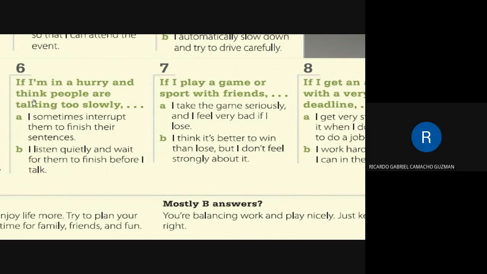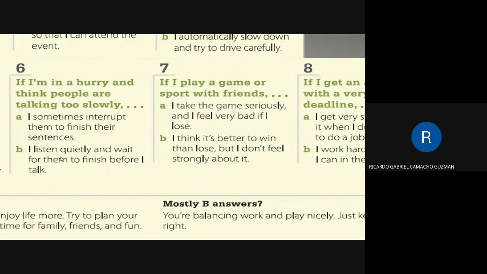All right, number 6. If I'm in a hurry and think people are talking too slowly, I sometimes interrupt them to finish their sentences, or I listen quietly and wait for them to finish before I talk. I am letter B. I never finish their sentences because that's really rude. I might be an asshole, but I am not that asshole, you know.